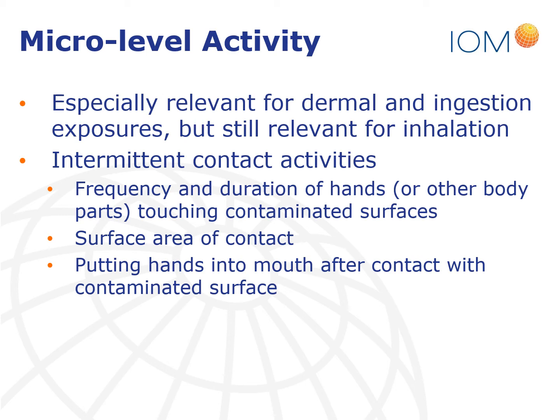Ingestion exposures obviously include diet, but also non-dietary substances, for example, soil or dust, which may stick to hands. For these routes of exposure, assessors try to quantify the amount of exposure by evaluating the frequency and duration of hands touching surfaces, how much of the body comes into contact with a contaminant, and how likely they are to then transfer the contaminant into their mouth after touching surfaces.